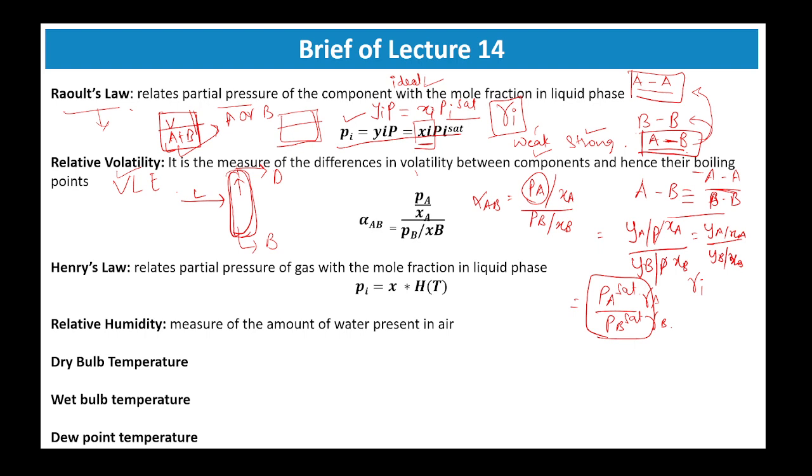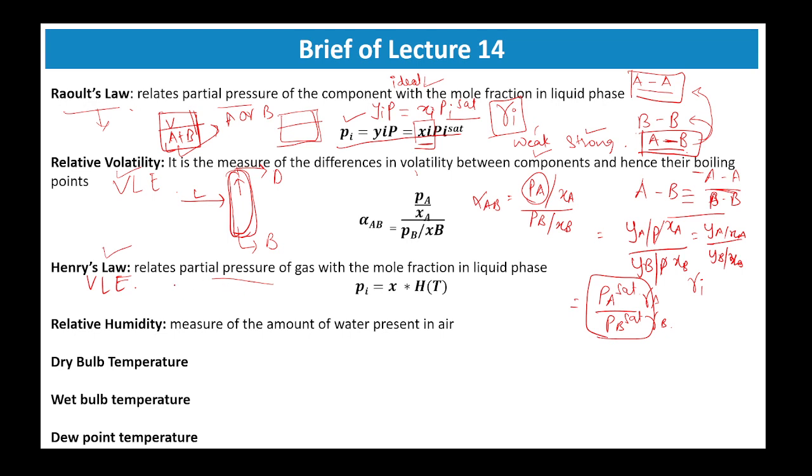Another terminology which was highlighted, which is also a vapor liquid equilibrium, is used for sparingly soluble gases in liquid. This is represented by Henry's law, where you relate the partial pressure of the gas with the mole fraction in the liquid phase.